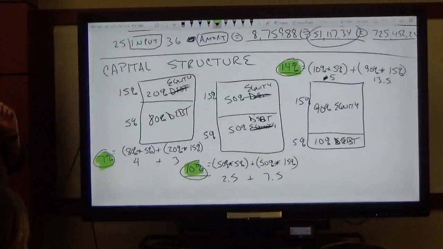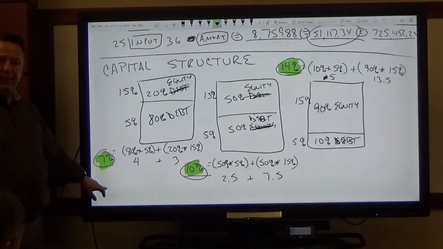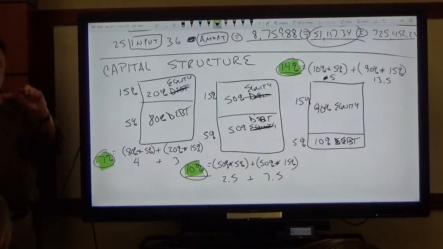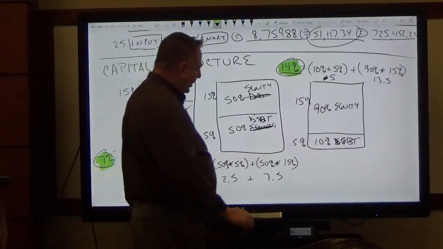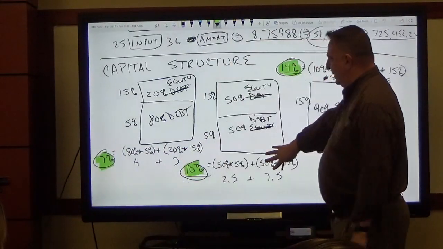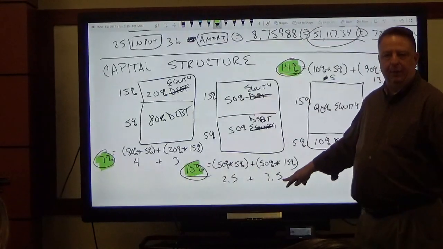But what if the project actually yields 10% under this scenario instead of 7? This is where the magic begins. You're saying, if the project overall yields 10%, wouldn't we just do this capital structure? Well, you could, and everybody would be happy under that scenario.